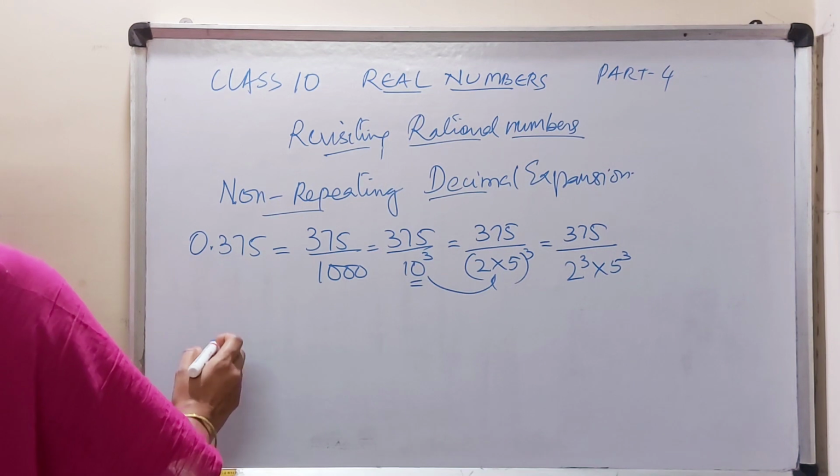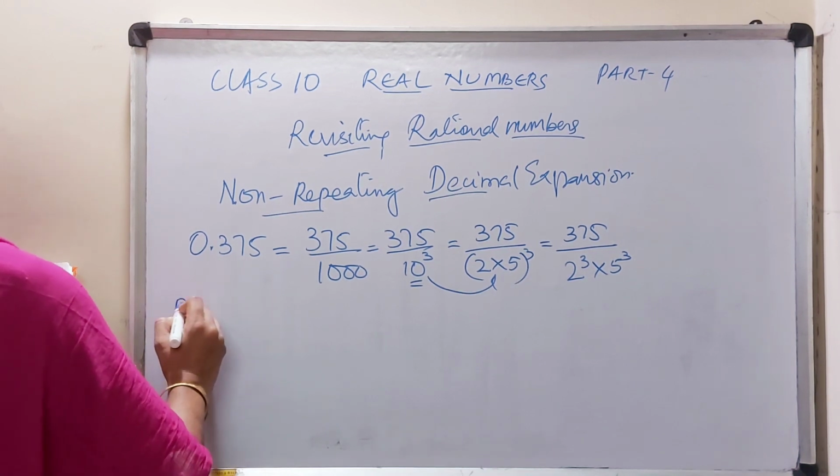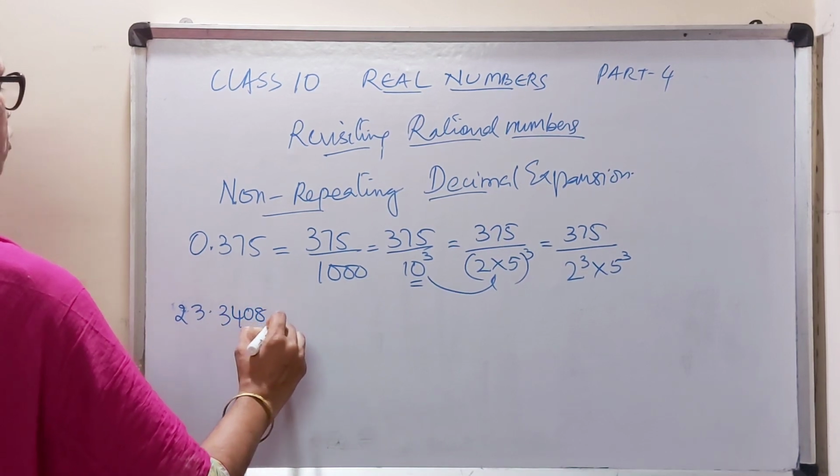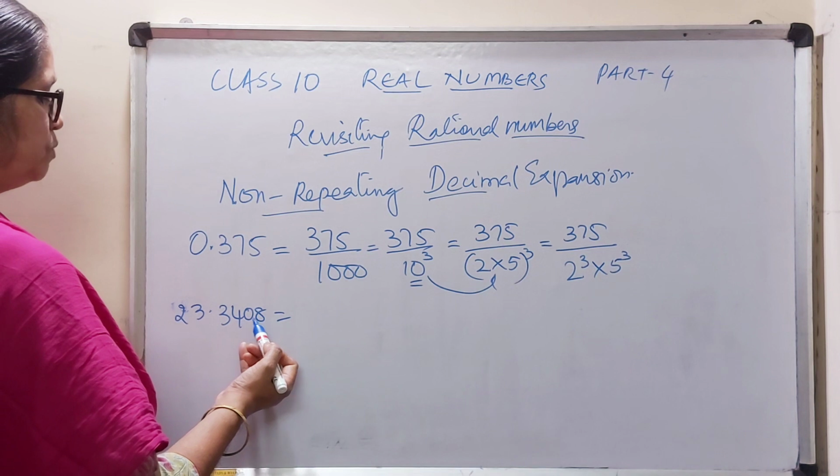Now let us take one more example here. I'll take 23.3408. How do you write this? How many decimal places? 1, 2, 3, 4.